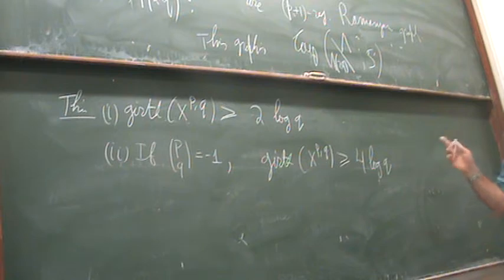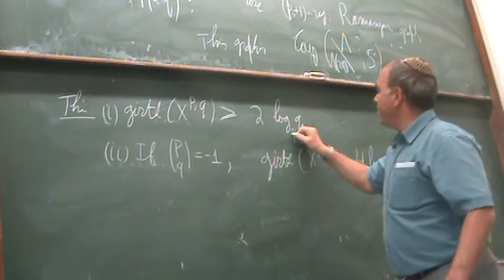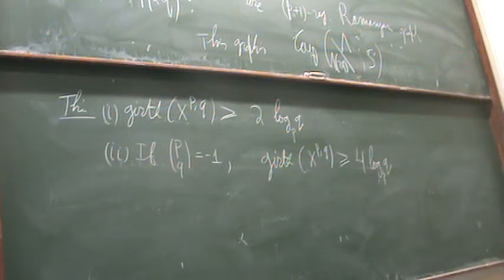Now, why do we care about the 4? This is log to the base P. This is already a dramatic theorem. Let me explain why. There is a story here.